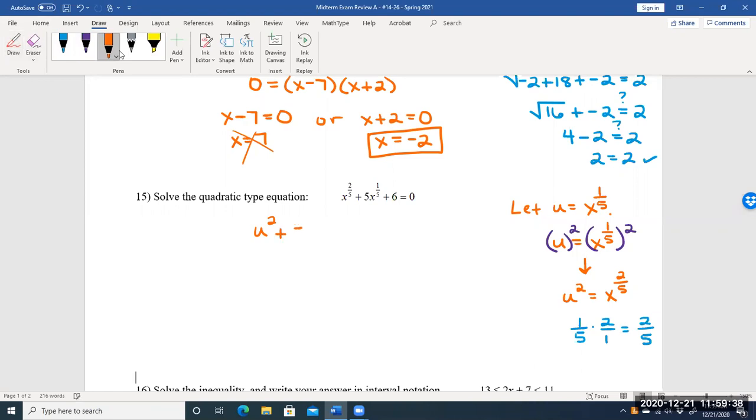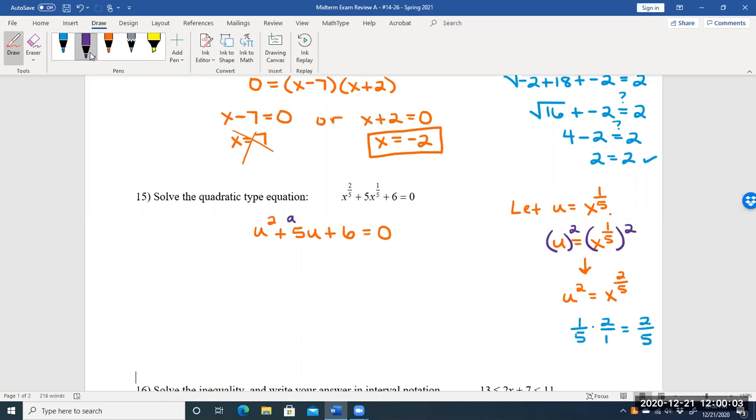So plus 5u, because x to the 1/5 I define to be u. And then we have plus 6 equals 0. And that is perfect because I have now, with substitution, made it into a quadratic equation, and I know how to solve quadratic equations. This one factors.